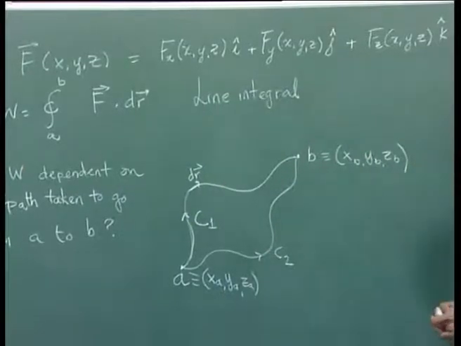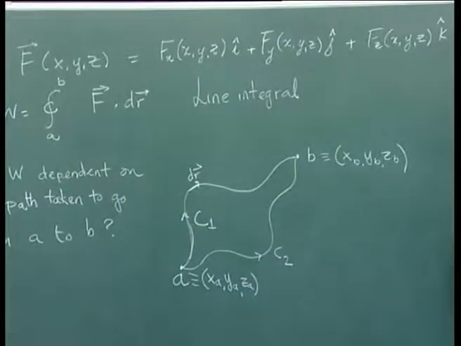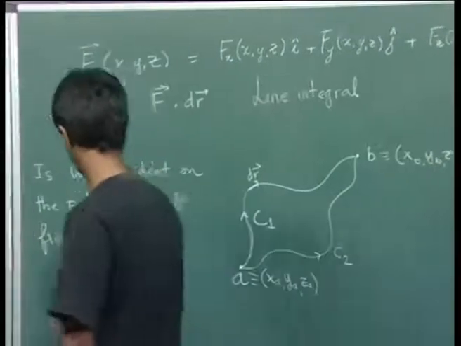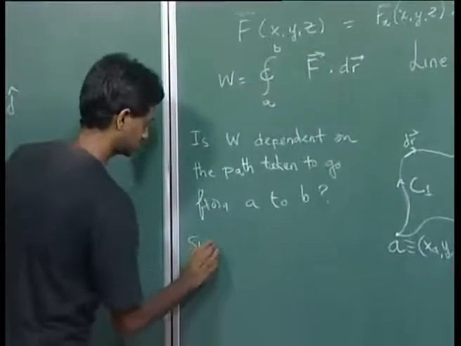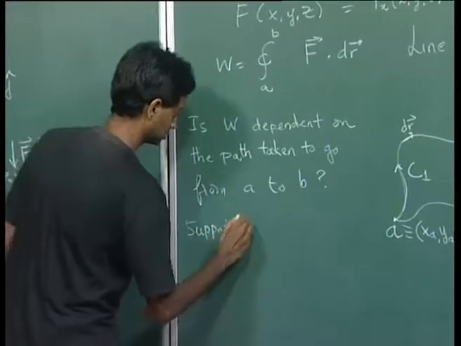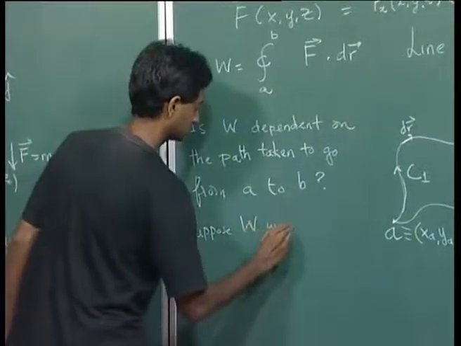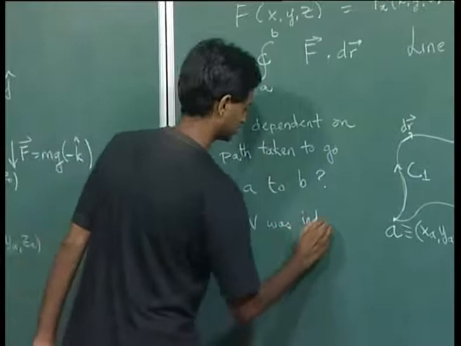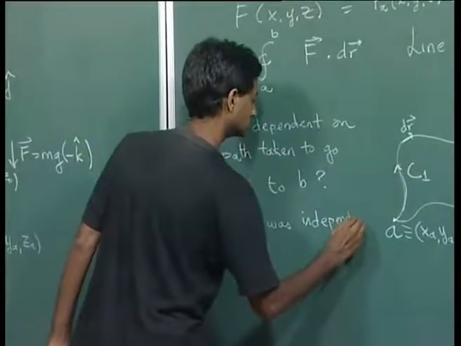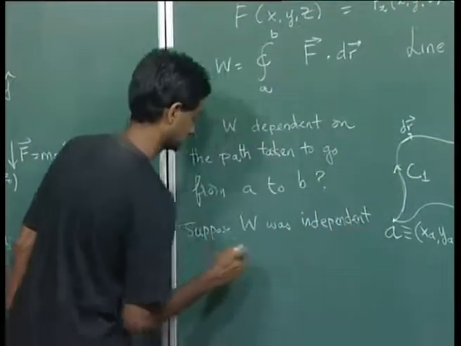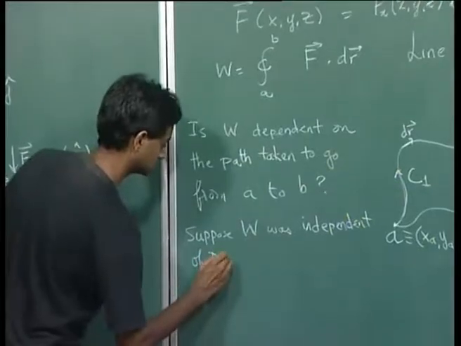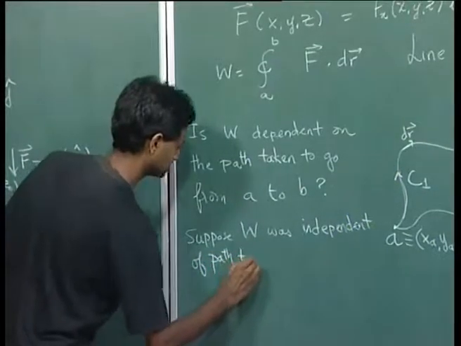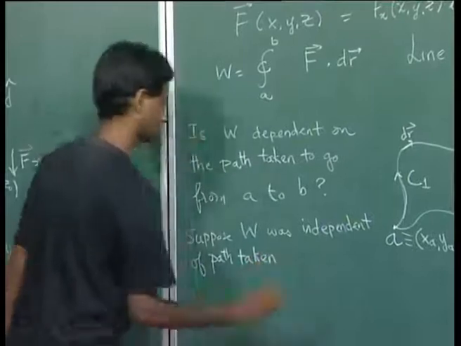Okay. Now suppose W was independent of path. Okay.